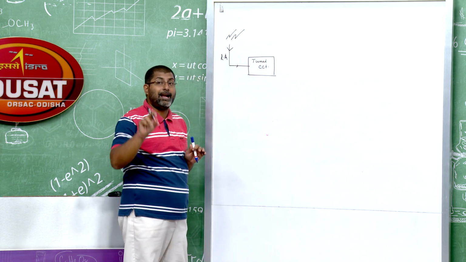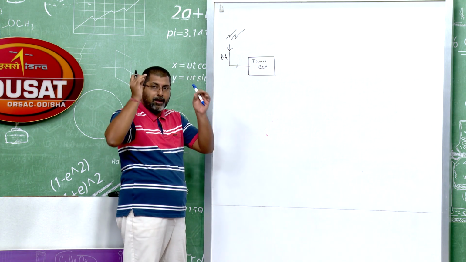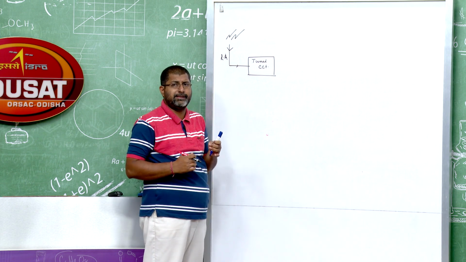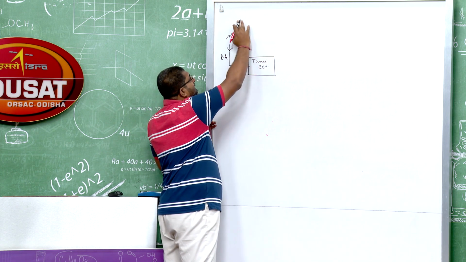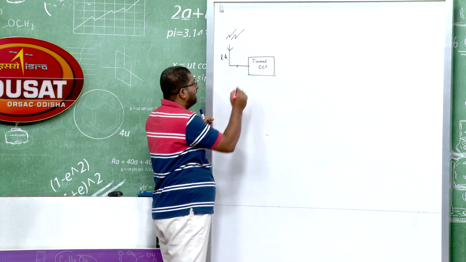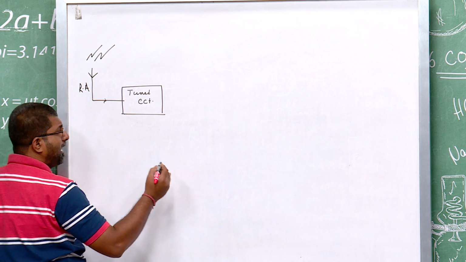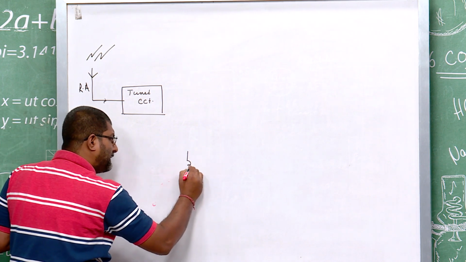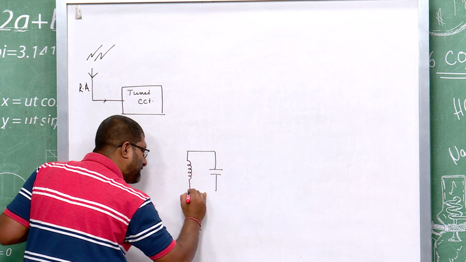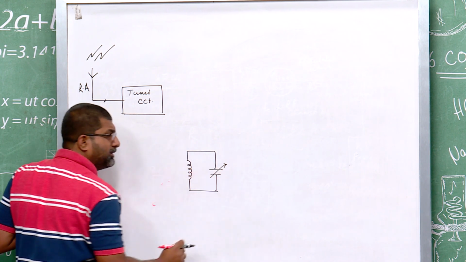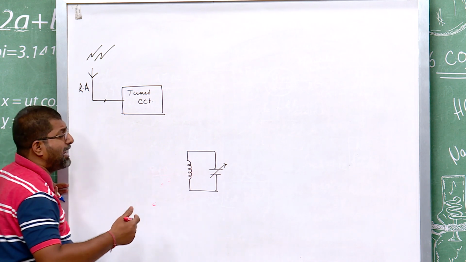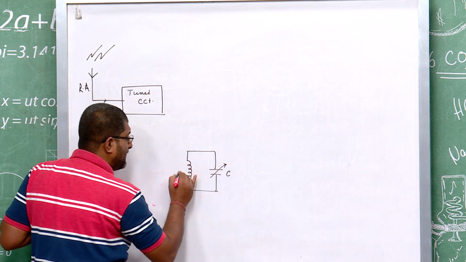Here you will get the advantages of modulation, because different radio stations use different carrier frequencies. When several signals from several radio stations reach the antenna, in the tuned circuit there is an LC circuit with a variable capacitor. When you tune the circuit, that means you are choosing a channel, this capacitance changes.